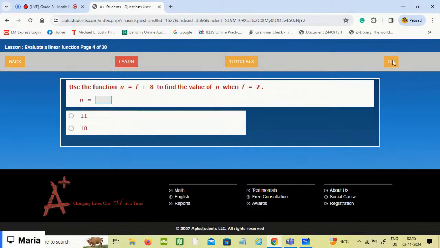Use the function n equals f plus 8 to find the value of n when f equals 2. So which is the correct option?